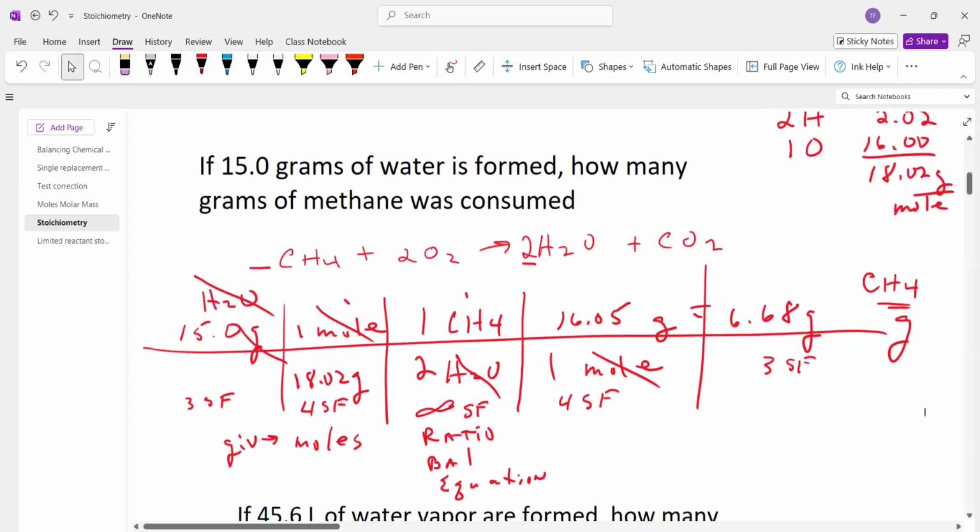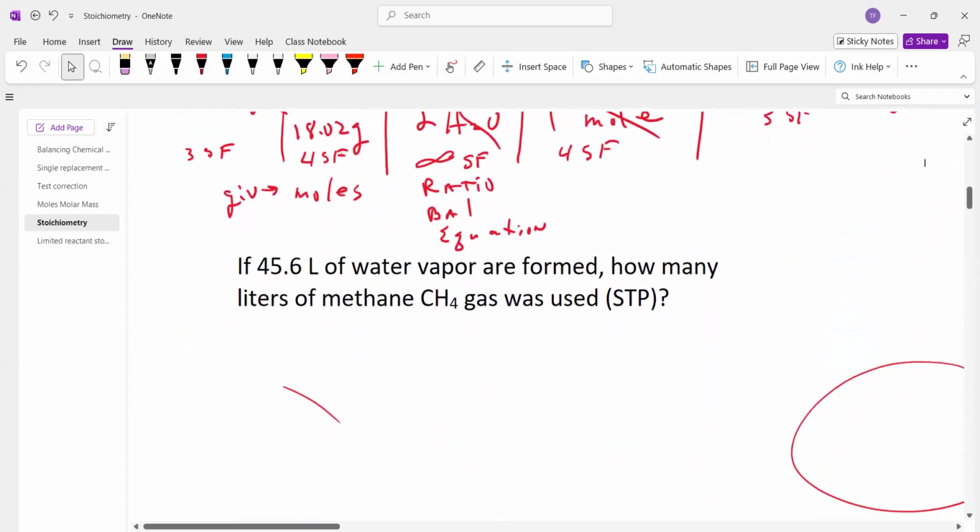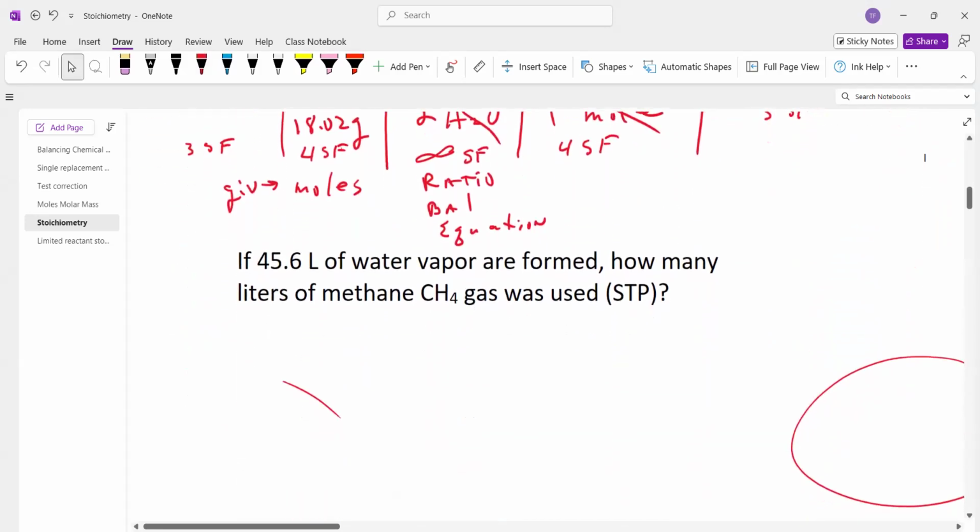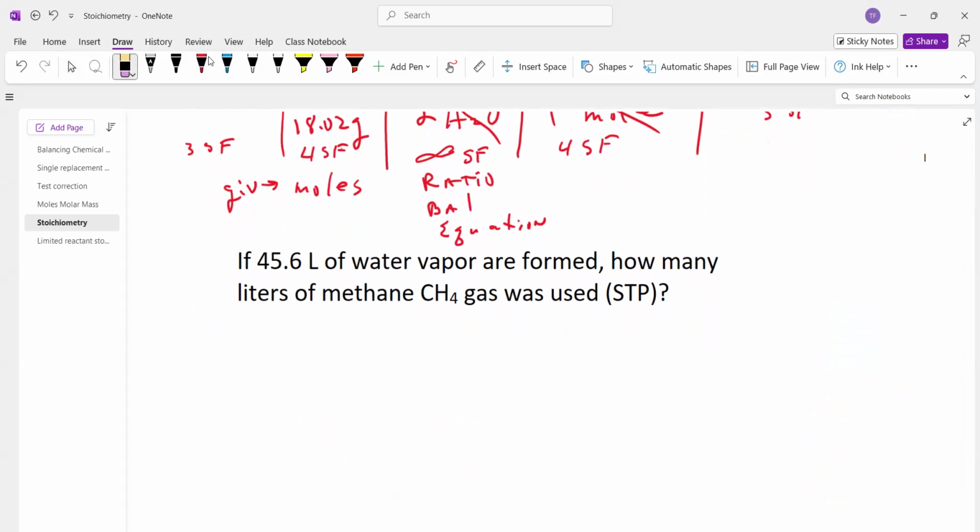Now, I'm going to continually use methane burning just because it's the same formula and we already know how to balance it, to make life easier. If 15 liters of water vapor are formed, how many liters of methane were used?